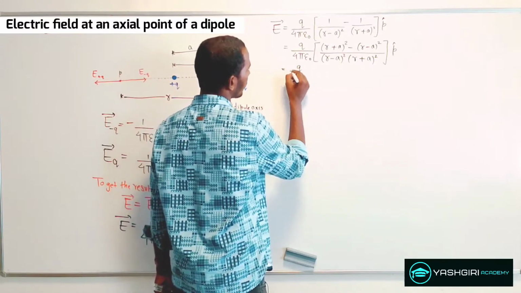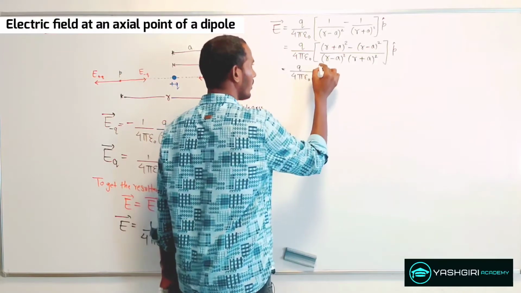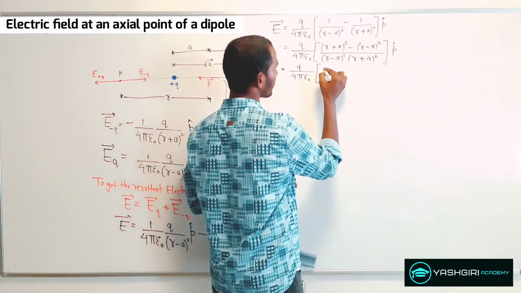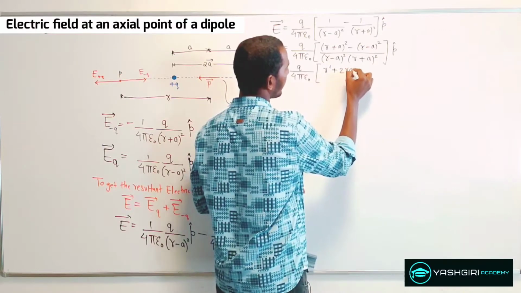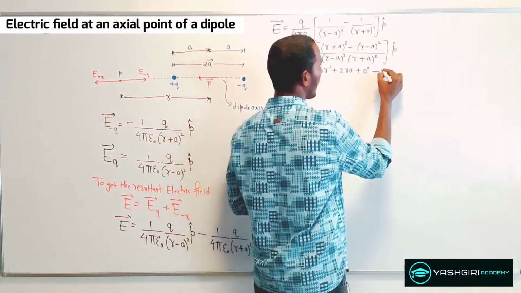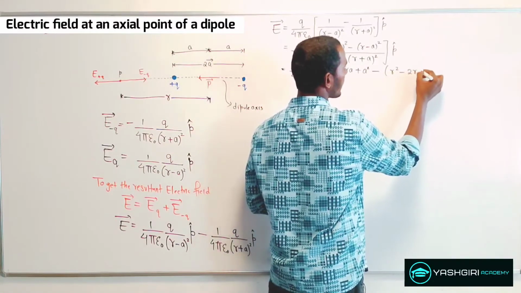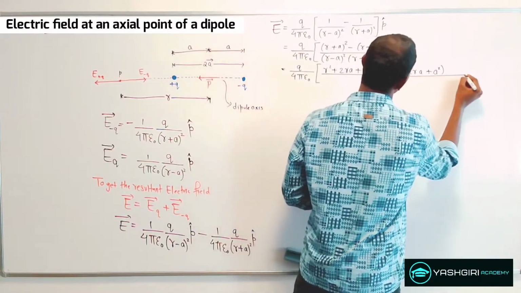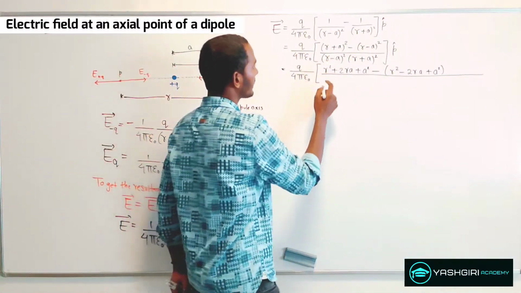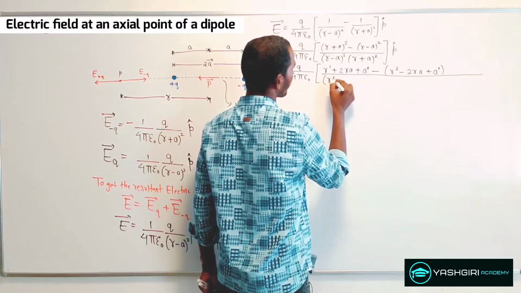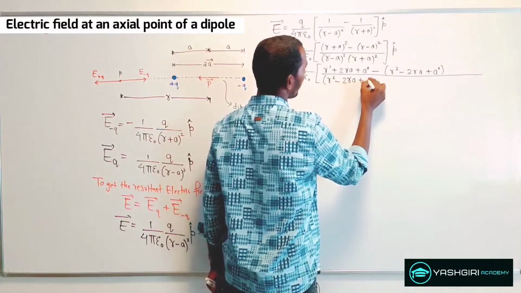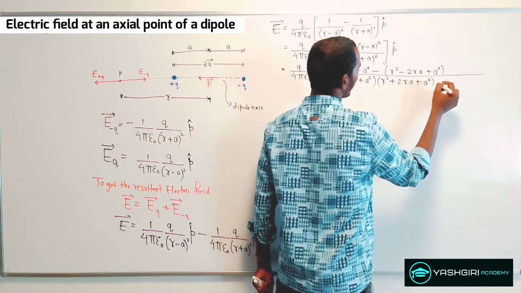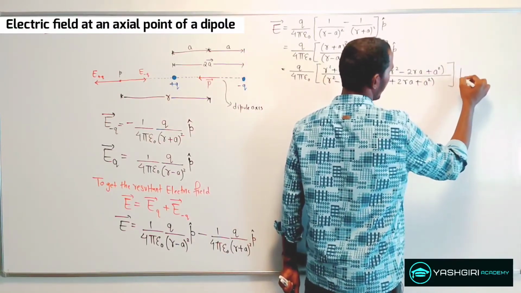That will give me q upon 4 pi epsilon naught, and when I open this up, it gives r square plus 2ra plus a square, minus into r square minus 2ra plus a square, in the bracket, and in the denominator you will get the same thing: r square minus 2ra plus a square into r square plus 2ra plus a square, into the p cap.